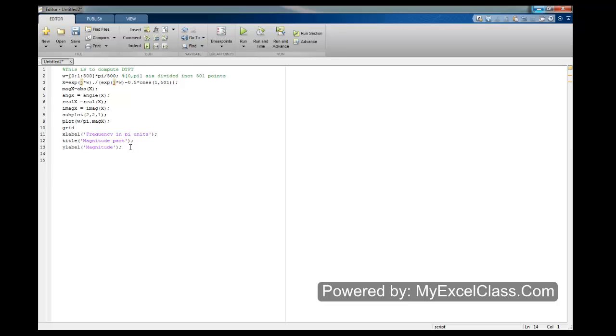Y label, then you have subplot 2, 2, 3, and we are plotting the angle of x. First we plotted the magnitude, and now this is angle. Angle x.